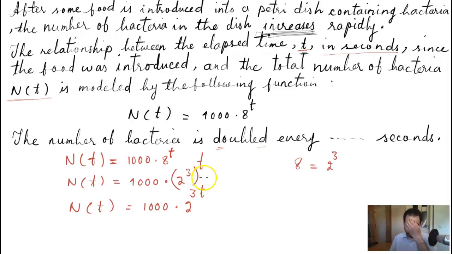This is one of the properties of exponential functions. I don't know if I've ever talked about this in any of my courses, but if you have a raised to the power b, whole raised to the power c, you could write this as a raised to the power b times c.